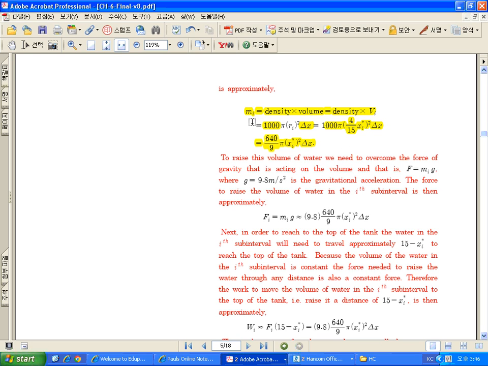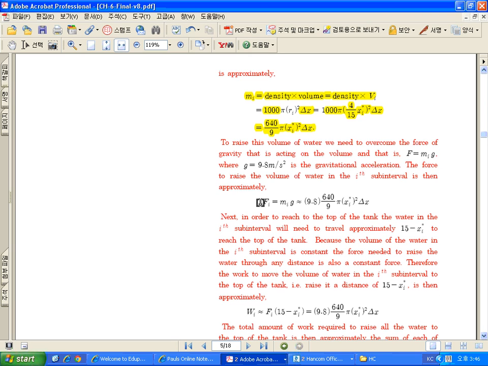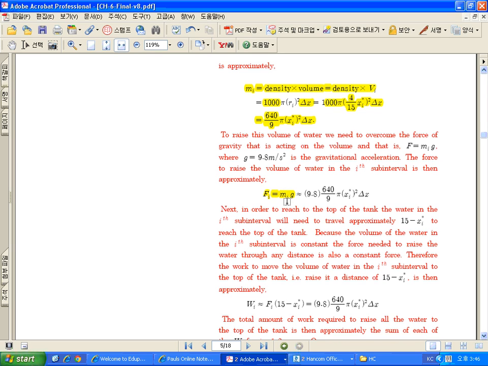This is Mi. Then, what is the force and what is the work? Force Fi is Mi times gravity g, and work Wi is the force times the distance. So here, this is Fi.